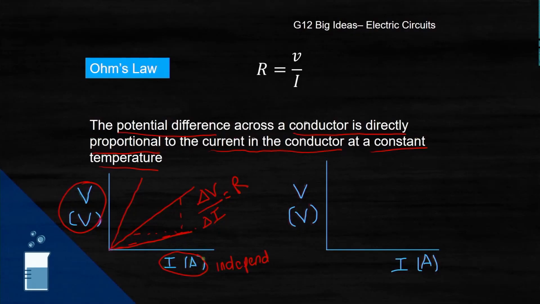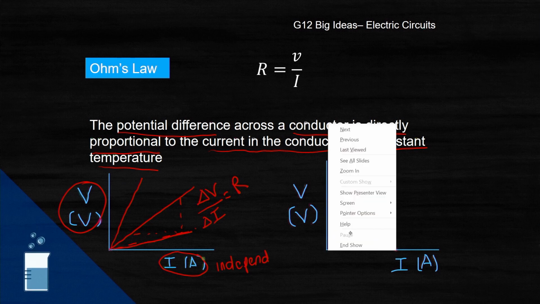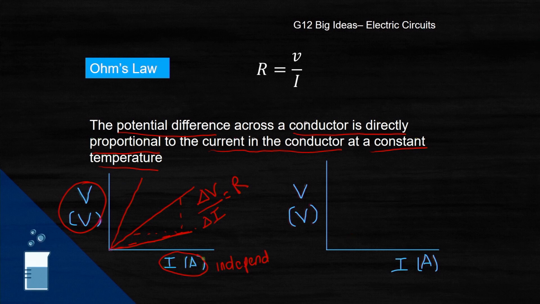Well, it is called a non-ohmic conductor, and it will look as though it is starting to follow Ohm's law, and then all of a sudden it will change direction. It's very confusing. But that means that it's starting to misbehave, that it will not follow Ohm's law, and we call it a non-ohmic conductor.